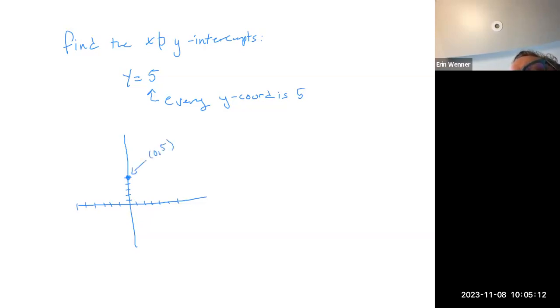And then we would have all the rest of the points here, right? Which would give us a horizontal line. So the y-intercept is the point 0, 5, but for the x-intercept, there isn't one. So we would just say there is no x-intercept.